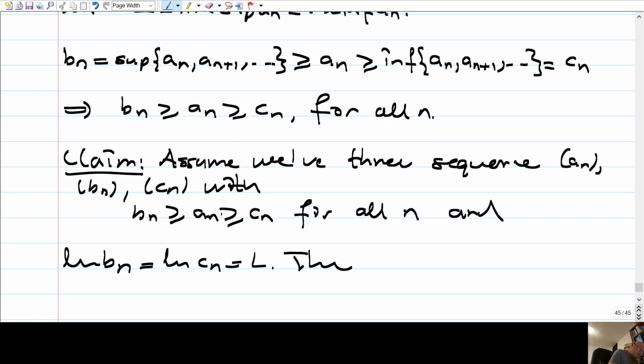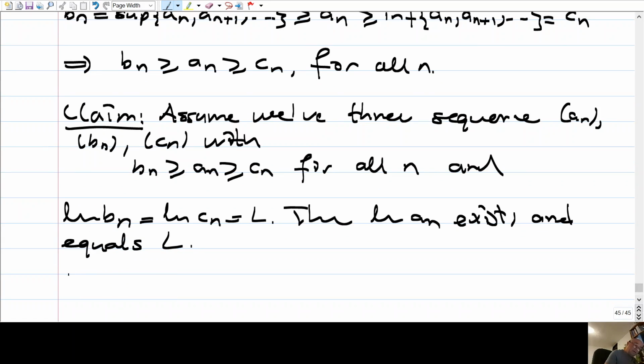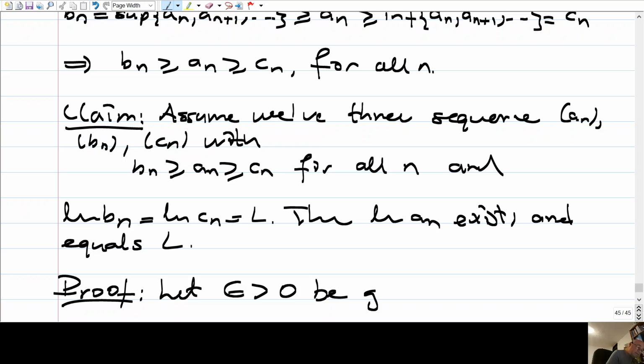Then of course limit an exists and equals l. Why is that? Well, the proof is very simple. Let epsilon be given, right?